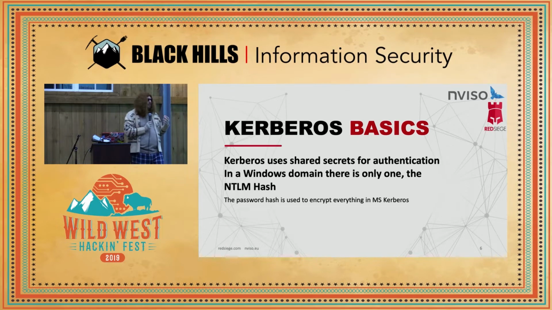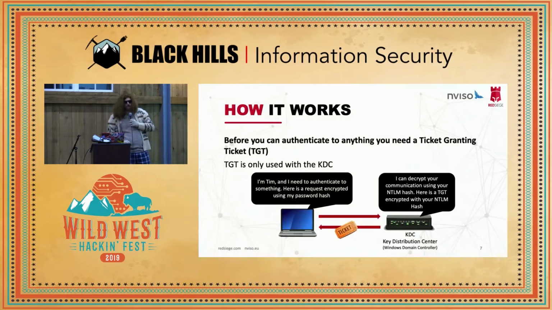In the Windows domain, there's really only one secret per account, and that secret is the password hash, the NTLM hash, which is going to be important when it comes to some of the other attacks that we're going to talk about in a little bit. We're going to talk through the basics on how the authentication works first, and then we'll get into ways that we can attack it. So just remember, this password hash is key. It's very important here.